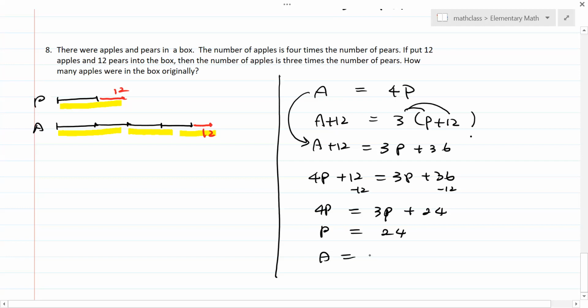The number of apples is 4 times 24, which is 96. So there are 96 apples there. Okay. There are 96 apples and 24 pears.